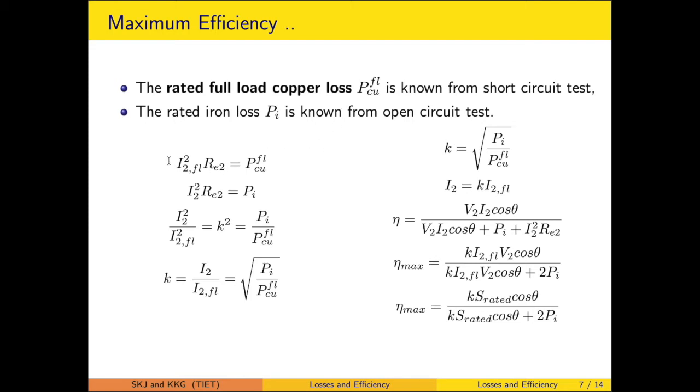Please be mindful that this PCUFL is the copper loss at the rated full load current. This rated full load current, squared and multiplied by Re2, gives rise to this PCUFL.